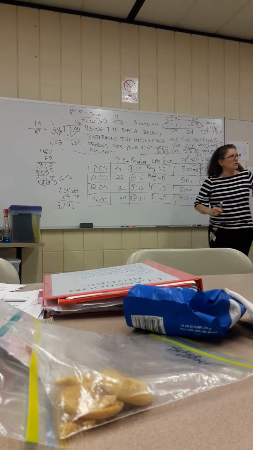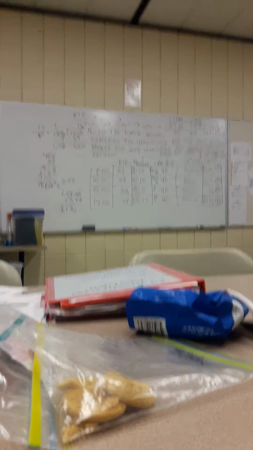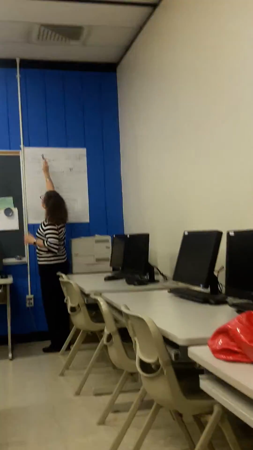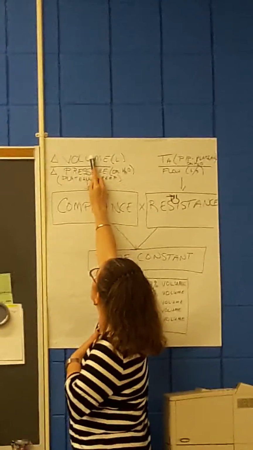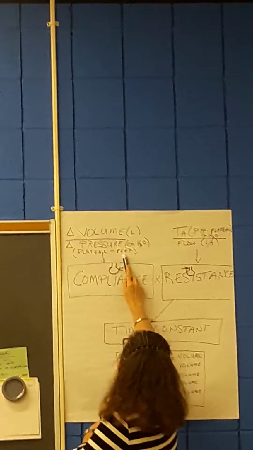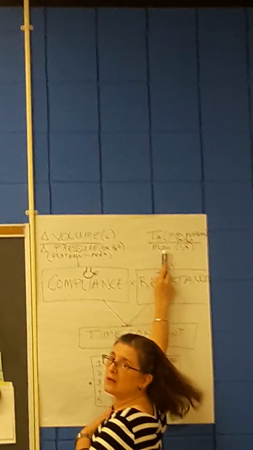So if I manipulate some of these other numbers, look at your big picture here. If I change any of these values, what I can manipulate is my volume. I can manipulate my PEEP. I can manipulate my flow.